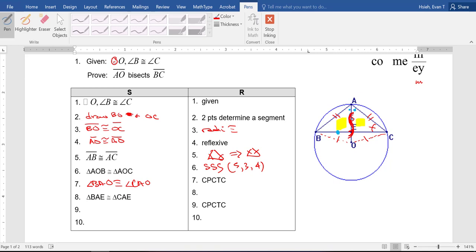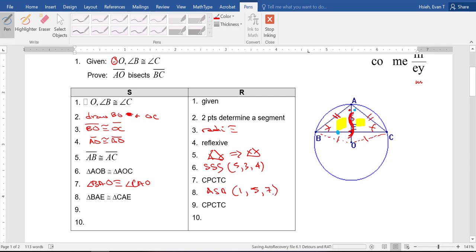Okay, and it's going to be because I have angle, side, angle here. So the first angle comes from step 1, angle B congruent to angle C. The sides come from if angles, then sides, so step 5. And then we have a CPCTC from step 7.